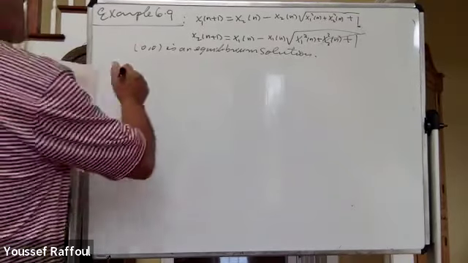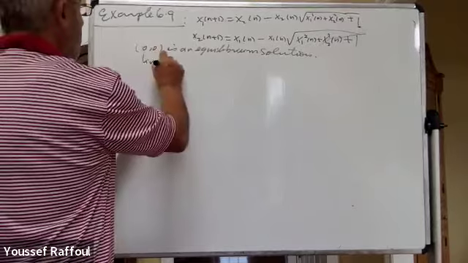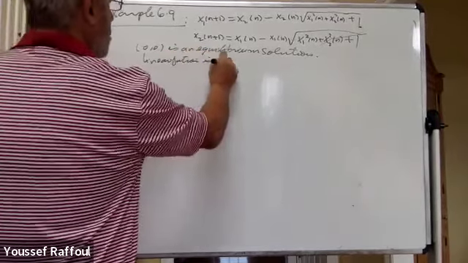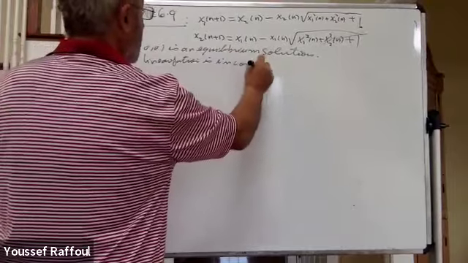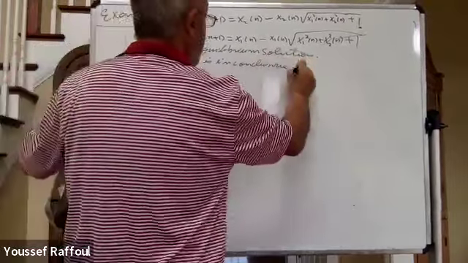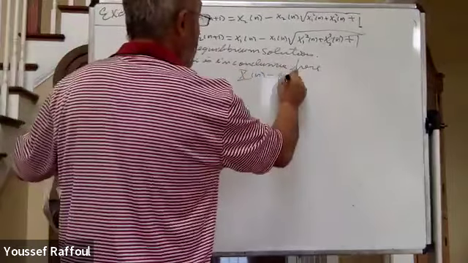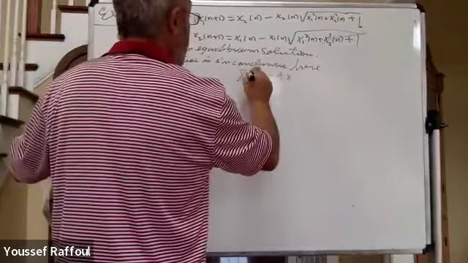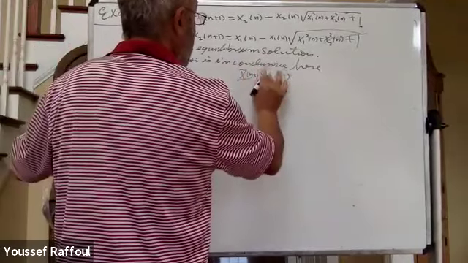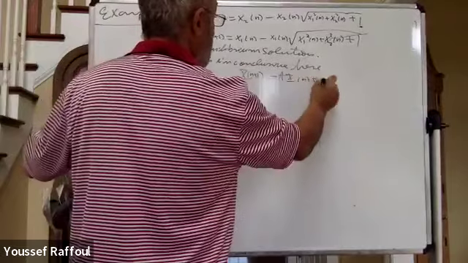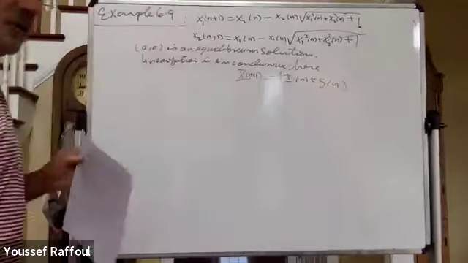So linearization is inconclusive here. That means if you write it as x of n plus 1 equal A x of n plus g of n, it will not work.